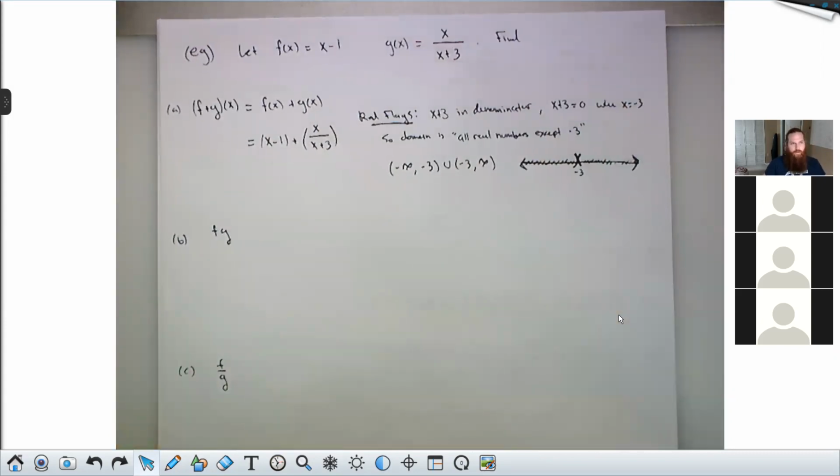A cool trick is the number of union symbols in your interval notation will be the same as the number of numbers that you punched out. So here there was one number that we punched out of the real line, namely negative 3, and I have one union symbol in my interval notation.